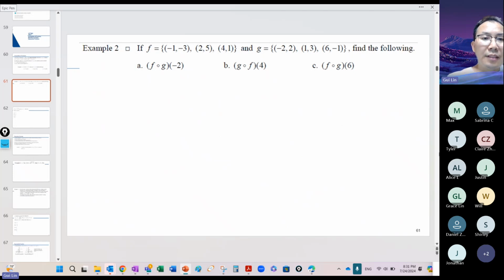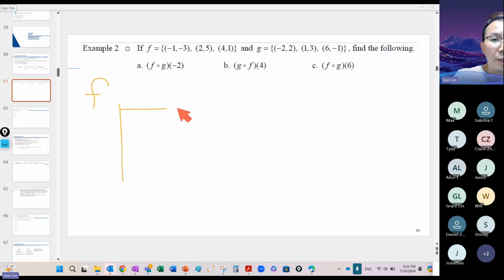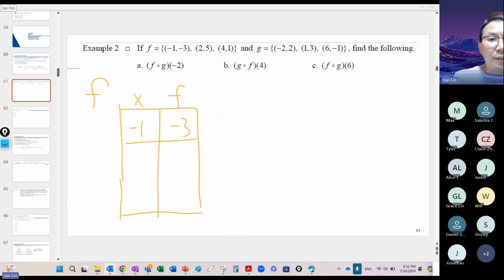Okay, so let's see. The first function f has this kind of relationship. So it's not totally linear, right? So we say here x, here is f. If x is -1, you get -3. If it is 2, you get 5.